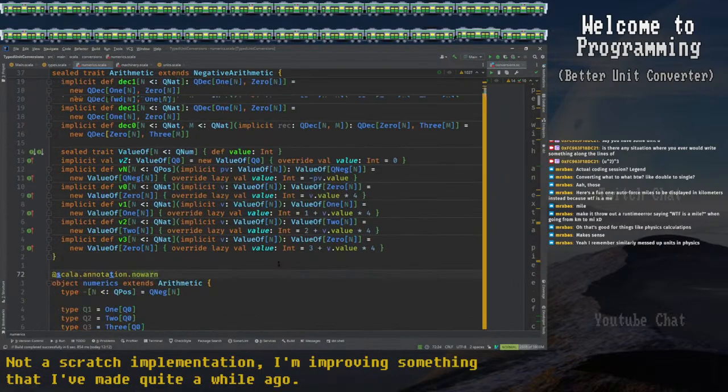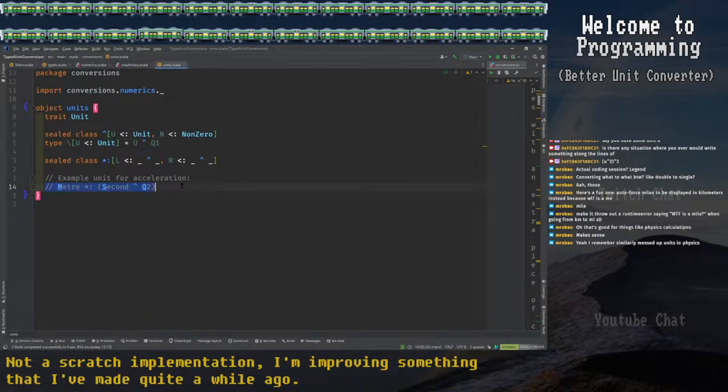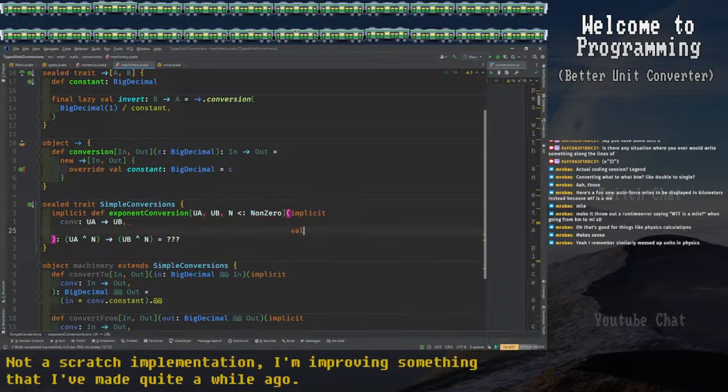So currently, this is just defining numbers in the type system so that I can do stuff like meters times seconds squared. And then in the machinery, I'll be able to do something like a value of n, where if the compiler can find an existing conversion between some unit A to some unit B, and it knows the numeric value of n, I should be able to do A to the power of n to B to the power of n.